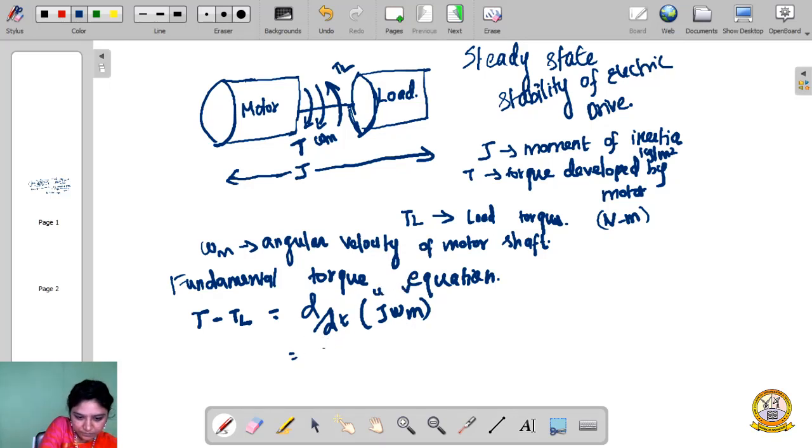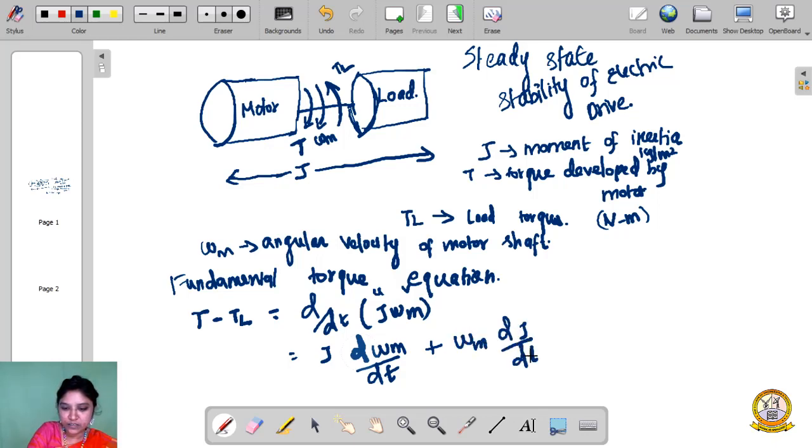Then we can expand the equation: J into d omega m by dt plus omega m into dJ by dt.